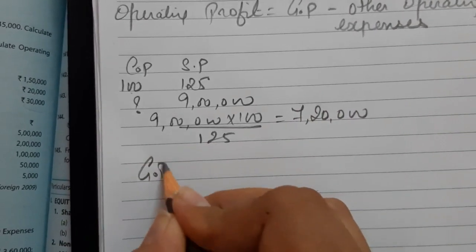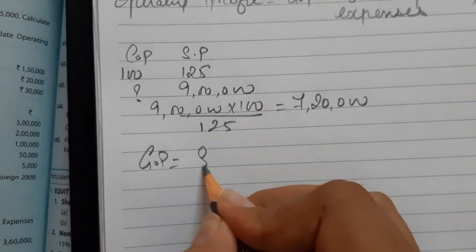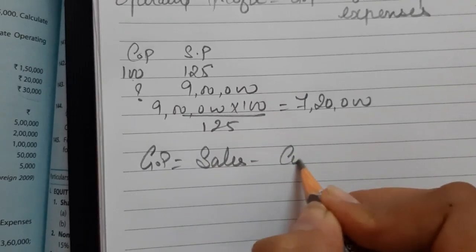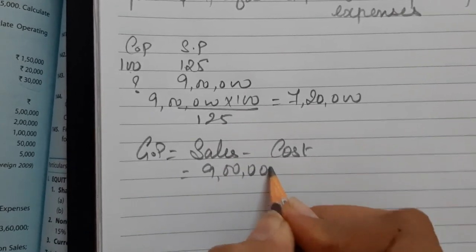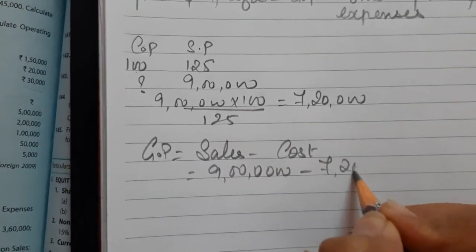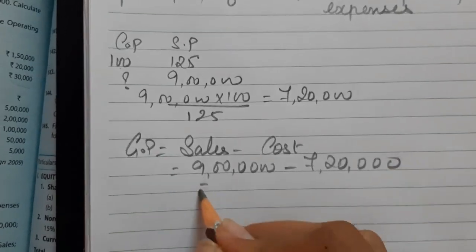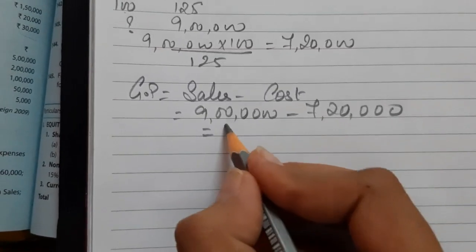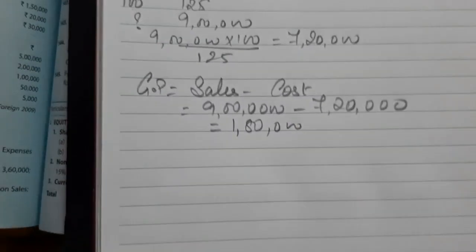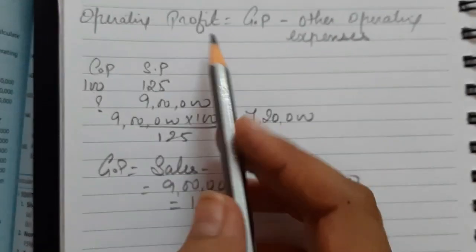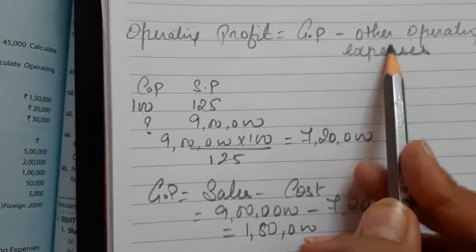So you can easily get your gross profit as sales less cost. So it will be 9 lakh less 7 lakh 20,000. You'll get 1 lakh 80,000. So you got your gross profit. Now for operating profit, we have to deduct other operating expenses.